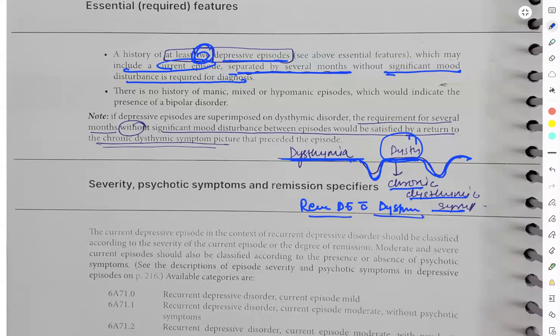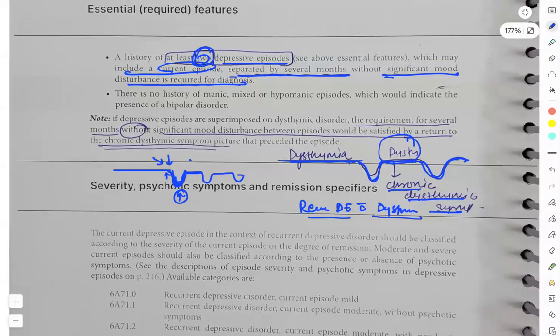Because dysthymia can precipitate, let's say, a trigger or a stressor came at this point in life, and this precipitated a full-blown depressive episode rather than dysthymia. And then they came back not to normal baseline, but to the dysthymic temperament that they were already having. And then they come back again having a stressor in life. So this is the diagnosis that you're going to give to the patient.